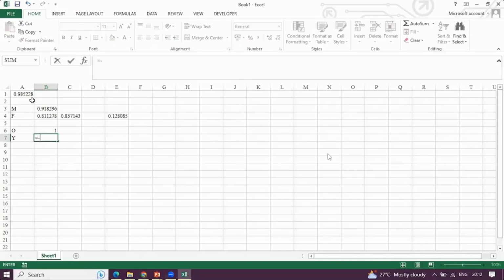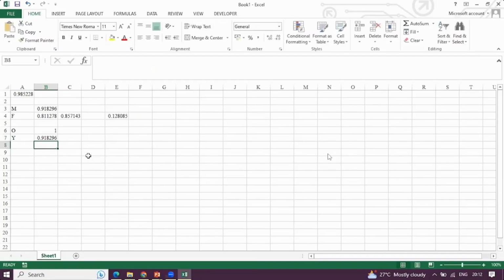So this would be minus of 1 by 3 times log of 1 by 3 to the base 2, plus 2 by 3 times log of 2 by 3 to the base 2.